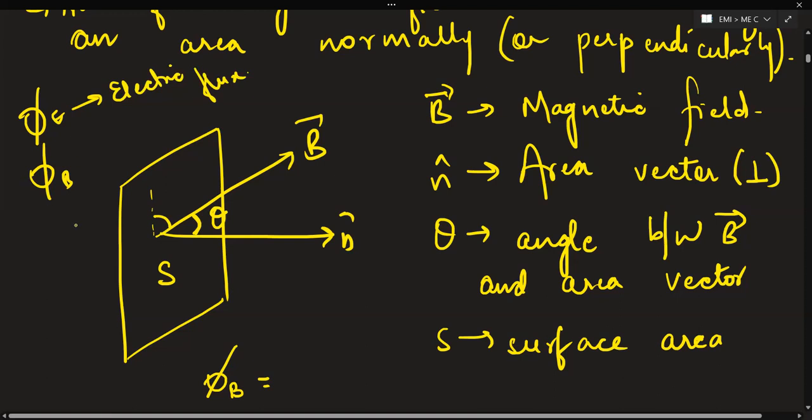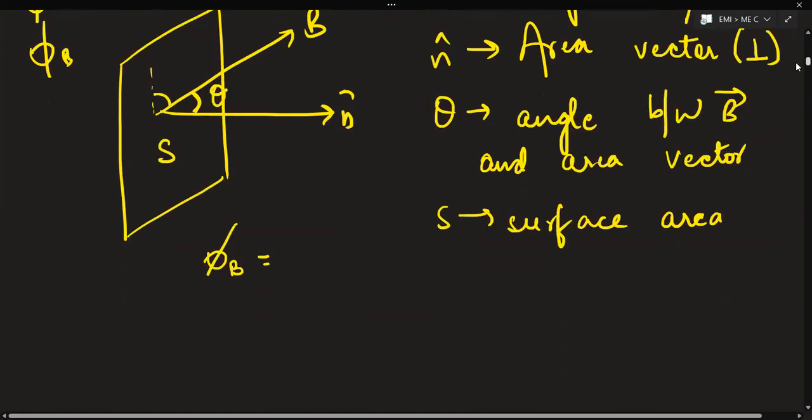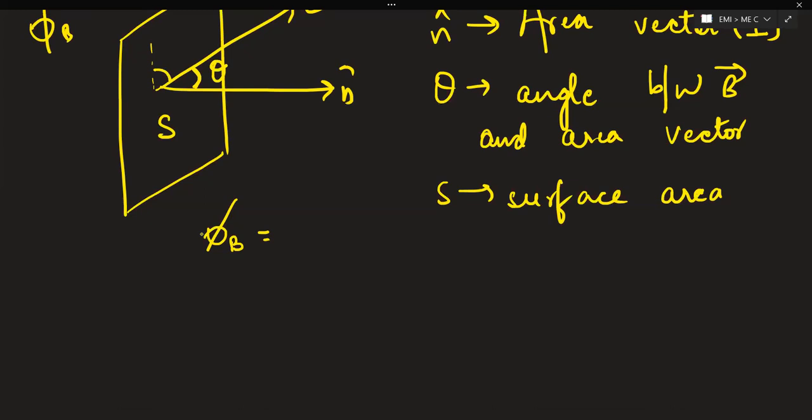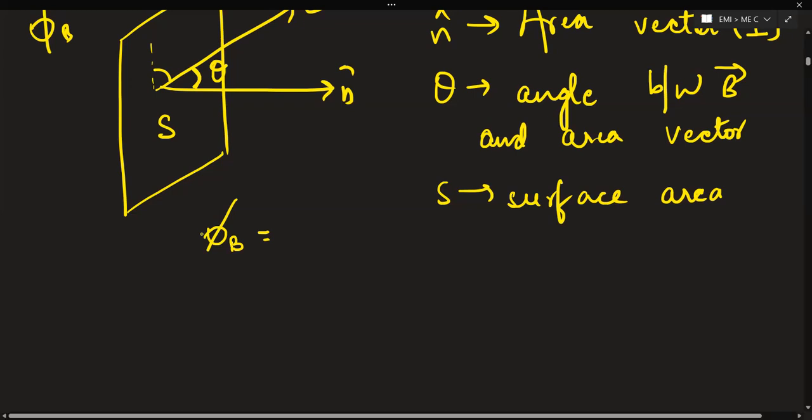Do mention it, otherwise the examiner won't consider your answer, and marks can be reduced if checking is strict. If it's a question only from Gauss theorem, you can easily write phi, but if it's from other chapters, you have to mention whether you're talking about phi B or phi E.